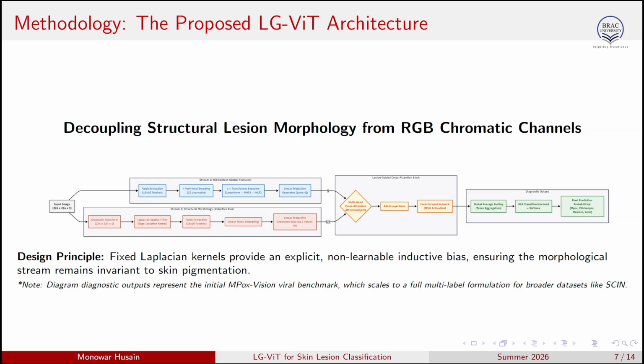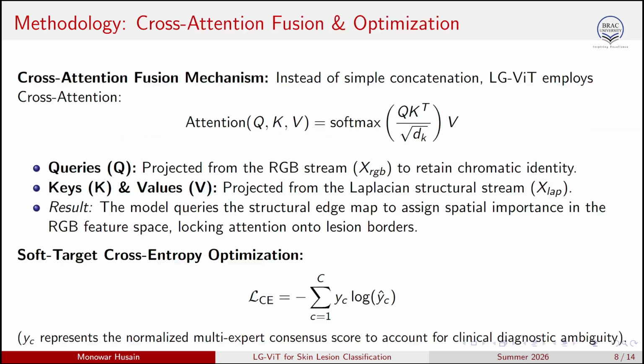Rather than using simple concatenation, LGViT employs cross-attention to fuse these streams. The queries are projected from the RGB stream to retain chromatic identity, while the keys and the values are projected from the Laplacian structural stream.